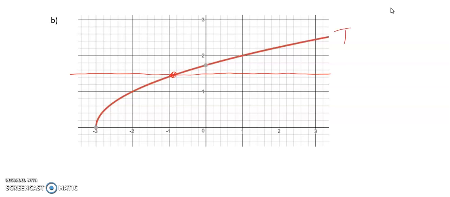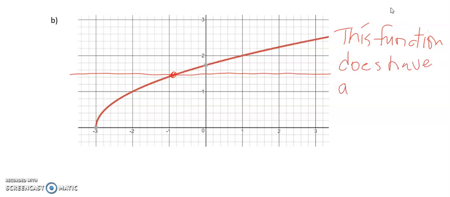So what we can say is that this function does have an inverse. All right.